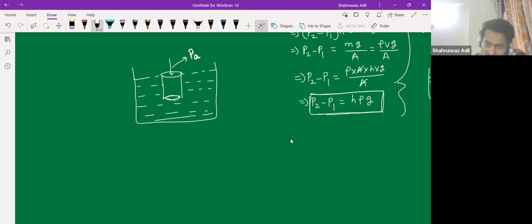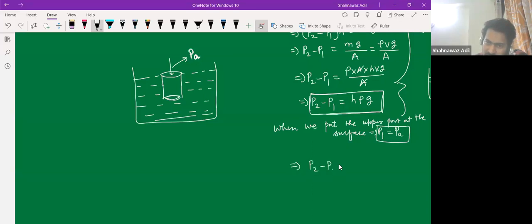So when we put the upper part at the surface, then P1 would become atmospheric pressure. So the result would be P2 minus PA equals h rho g.